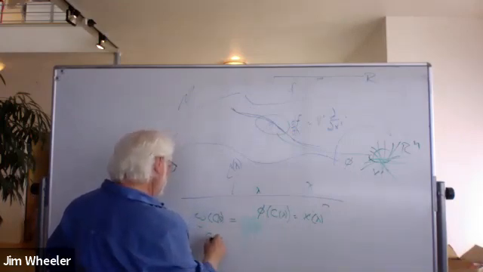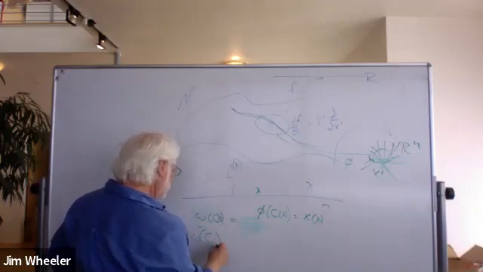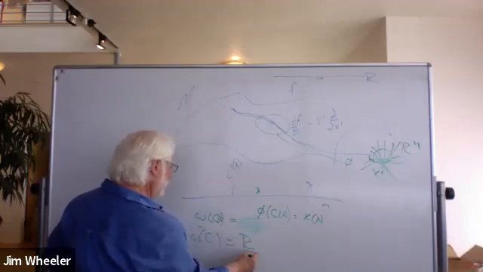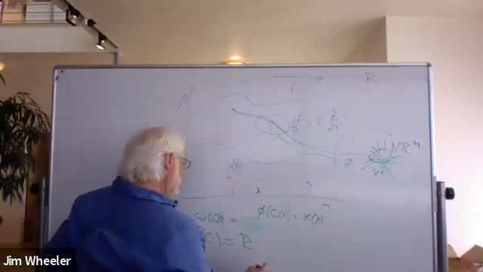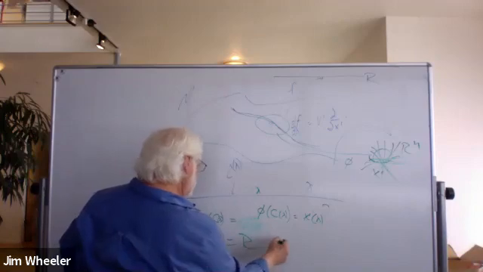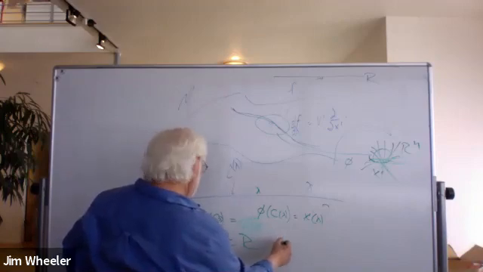And then linearity of this map. So this is mapping the curve into the reals. What I can do is write that, right?